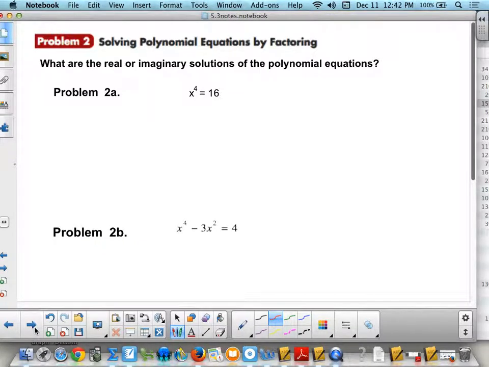Turn the page. Okay. All right, x to the 4th equals 16. Put it in standard form. Factor. I want factoring.